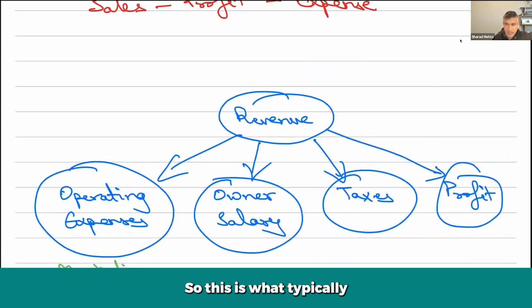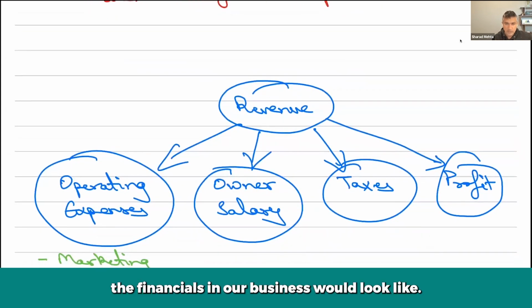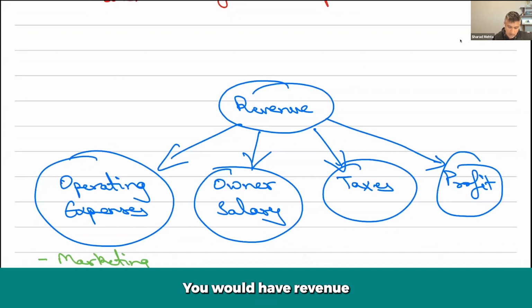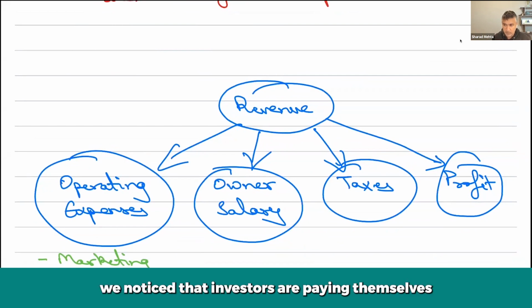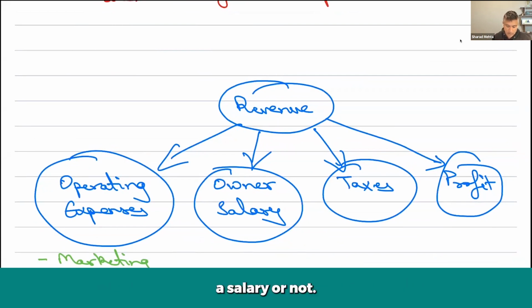So this is what typically the financials in our business would look like. You would have revenue, depending on how much volume you're doing, 100, 200, 300, or $1 million. And we would pay all the operating expenses out of it. Then in some cases, investors are paying themselves a salary or not, then some of that would go to salary. That would be part of your expenses, and then you pay for taxes.